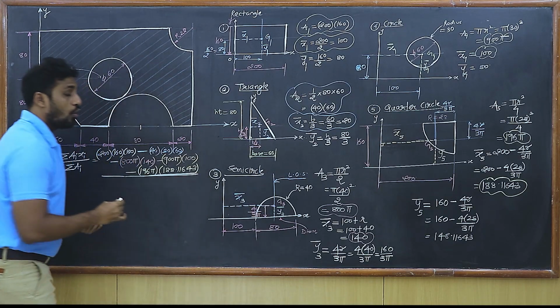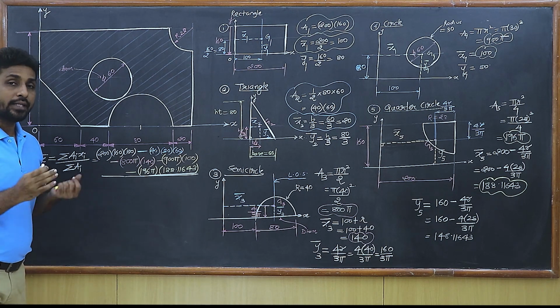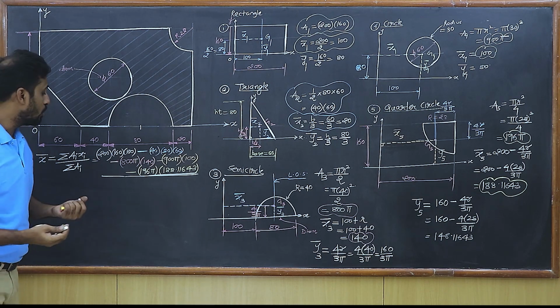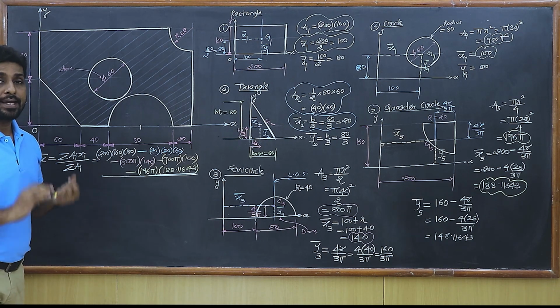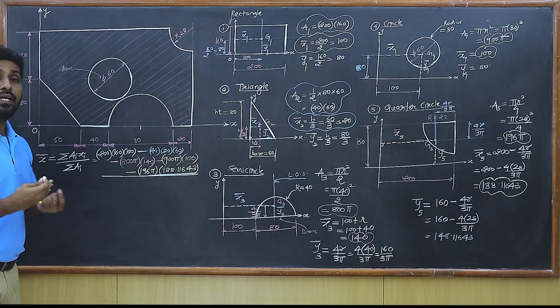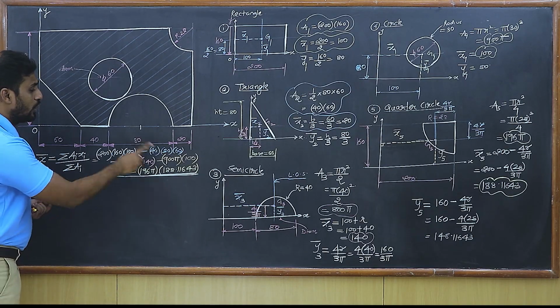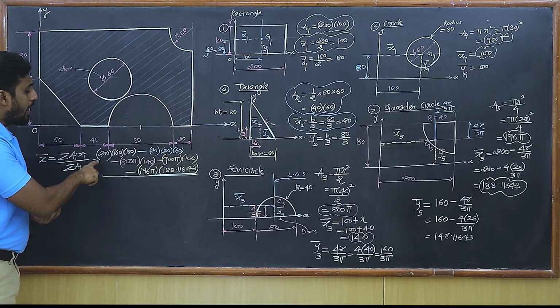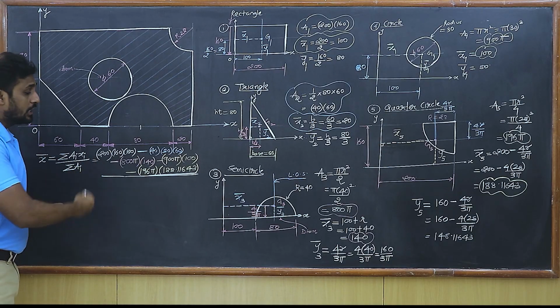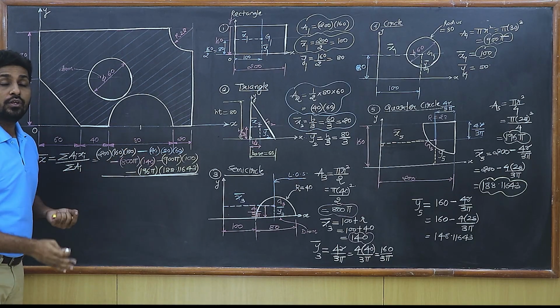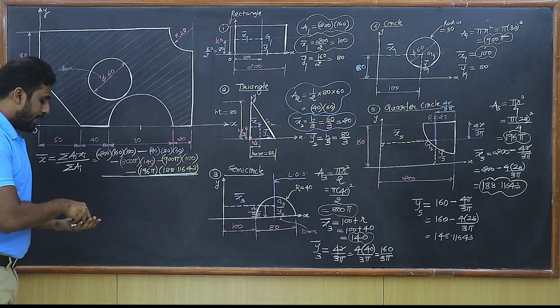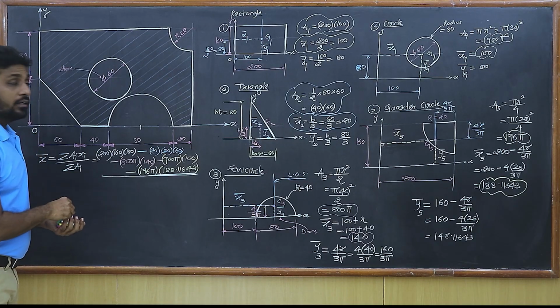Now, this summation is obviously not just addition. Both addition as well as subtraction is going to come over here. The areas which will be kept will be positive. The areas which will be removed will be negative. So that can be easily understood from the numerator itself. Whatever areas that you have from the numerator along with their signs, simply copy them. Just remove the x bar values. So I can straight away write the areas.